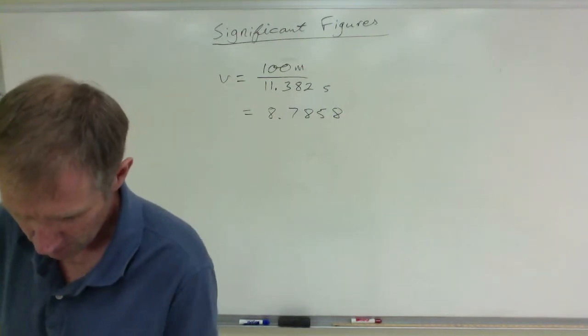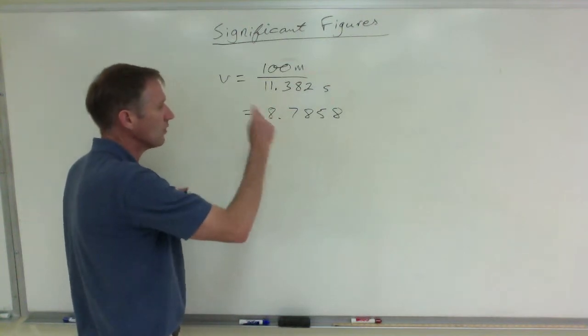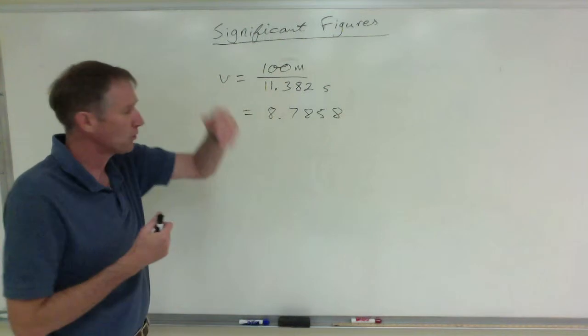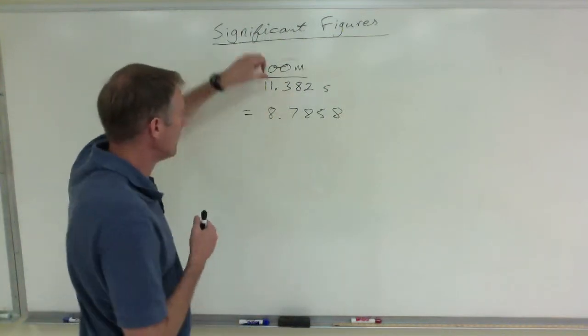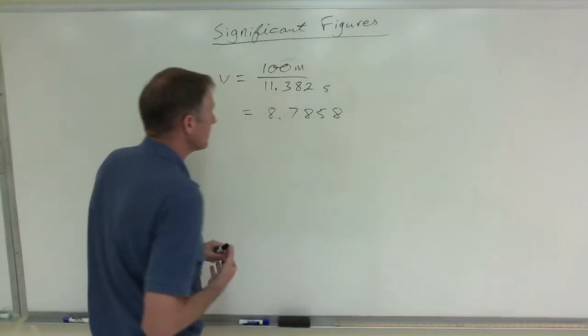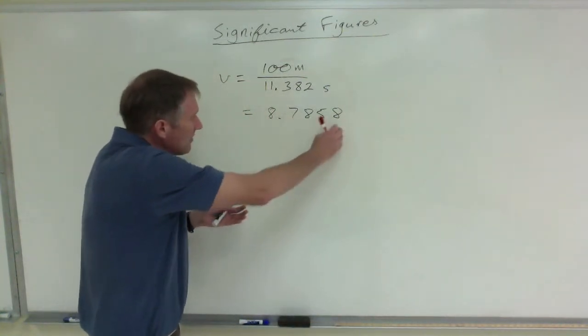Well, what's the correct answer? Paying attention to significance, my answer can only have as much precision as my least precise input, which in this case is the 100. That's good to one significant digit, remember? Isn't it more precise, Mr. Wyman, if you write down all that stuff?